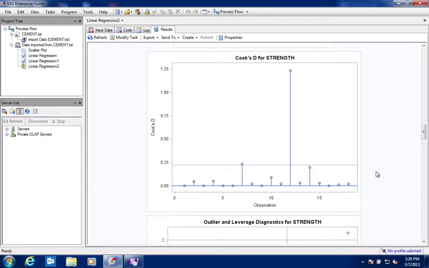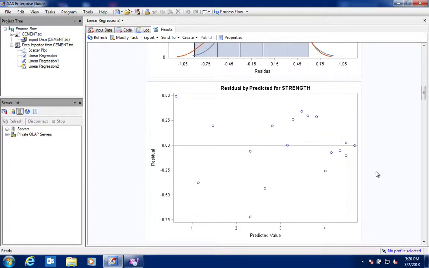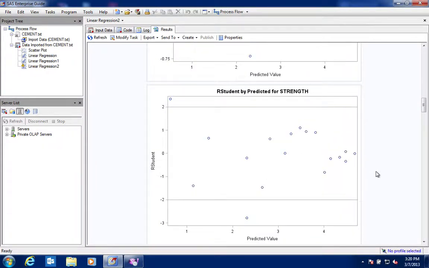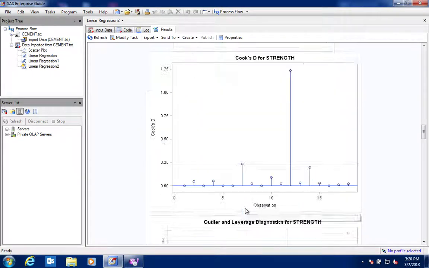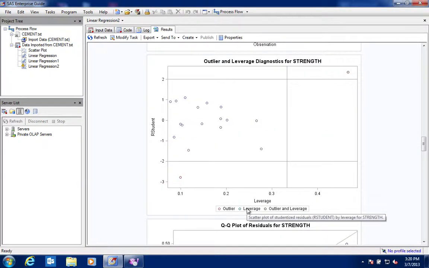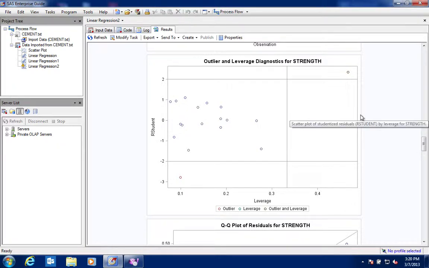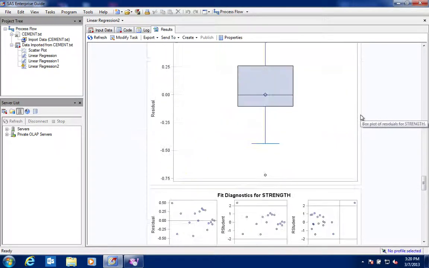About the influential points, you have 1 point in the hat values, and you have 2 points in the R-student.